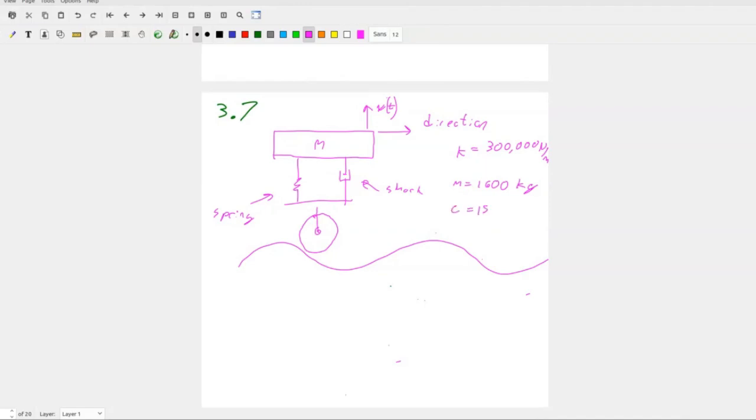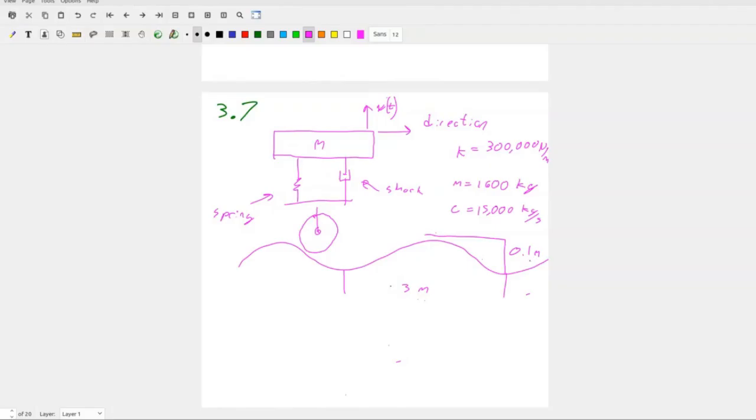And c is equal to 15,000 kilograms per second. Let's say the period of the road roughness is about 3 meters, and the height is 0.1 meter.